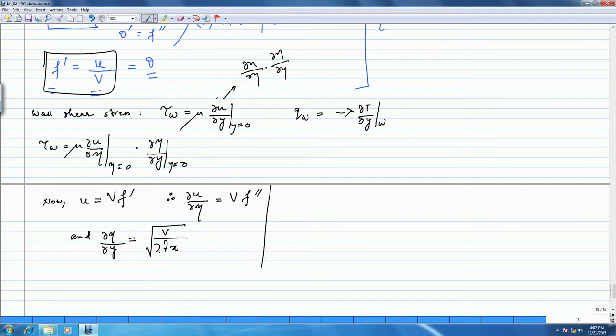Therefore, tau w is equal to nu del u del eta at eta equal to 0.